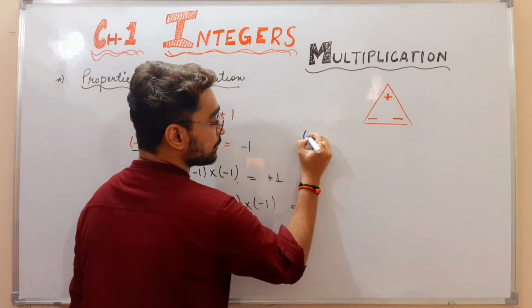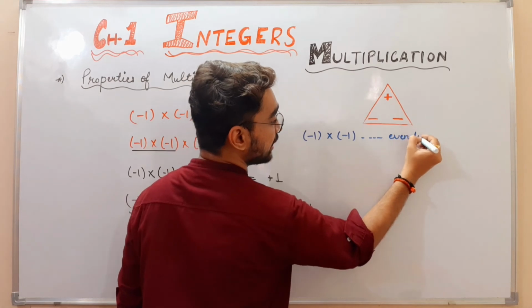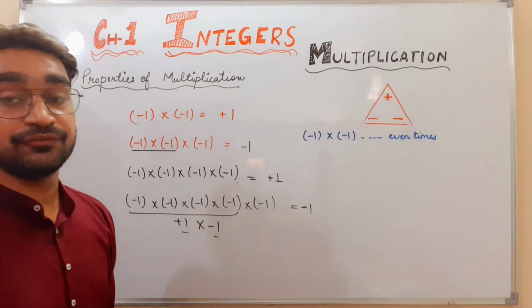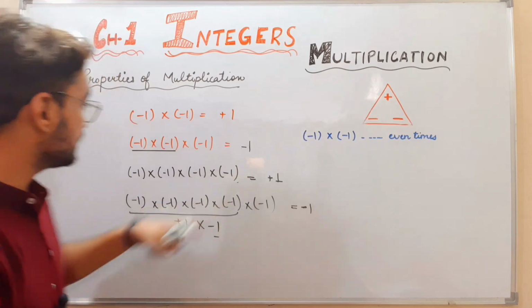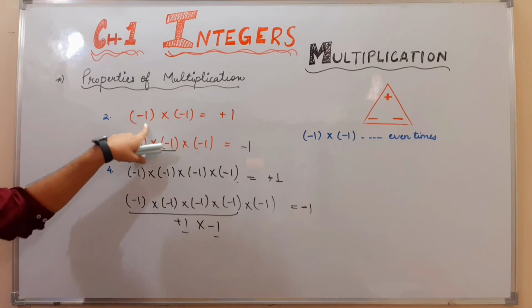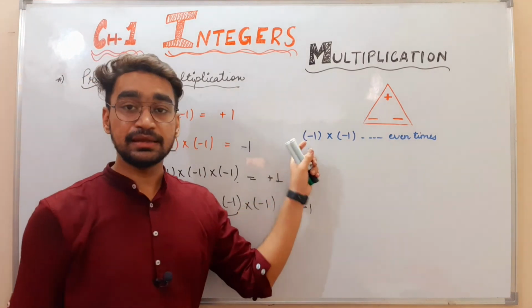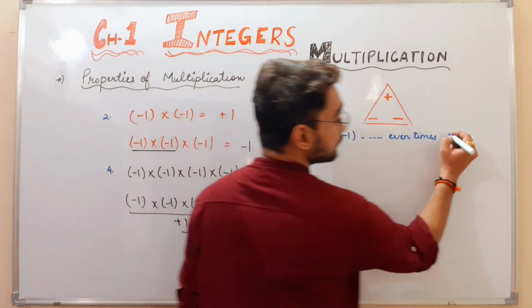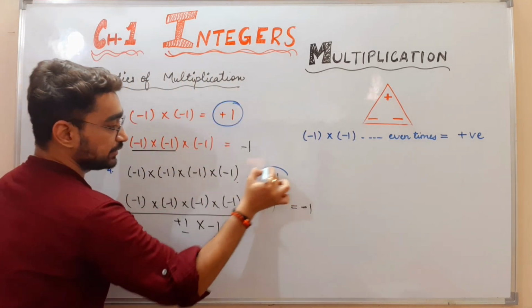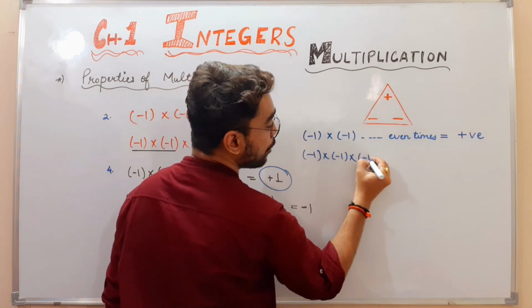So it means that if we are multiplying any negative number even times, like here we have multiplied 2 times, here we have multiplied 4 times, 4 is an even number, the answer will always be positive.